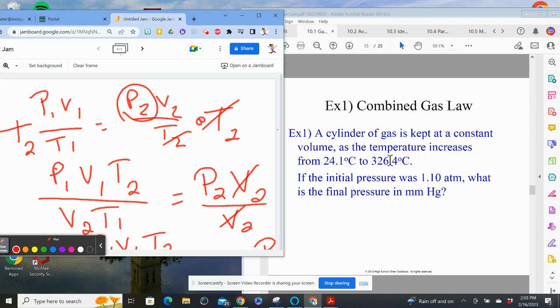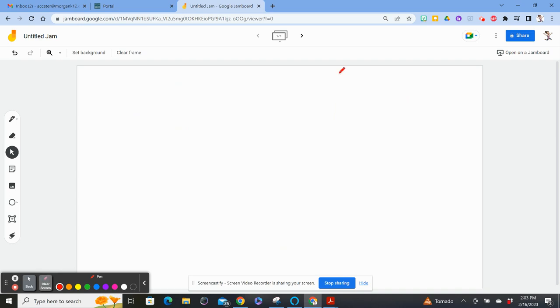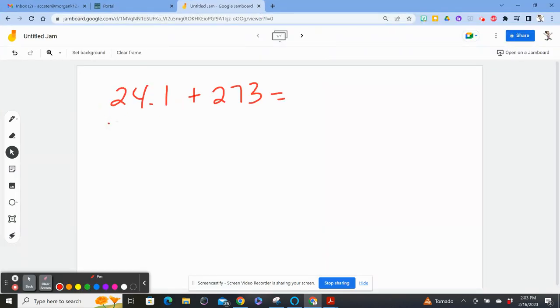Remember that I told you these temperatures have to be changed to Kelvin. We do that by adding 273. So I'm going to take 24.1 plus 273, and then I'm going to take 326.4 and add 273.